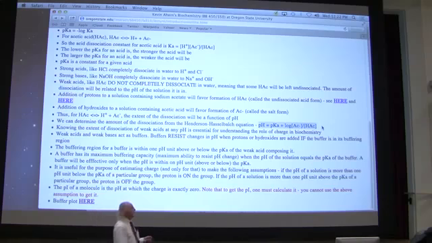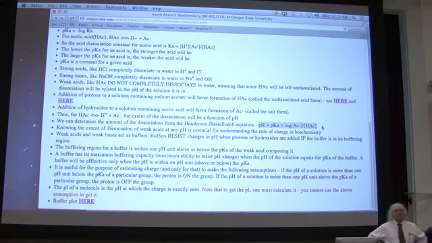What happens if the ratio of salt to acid increases? What happens to the pH? As the ratio of salt to acid increases, the pH is going to increase because pH is related to that.